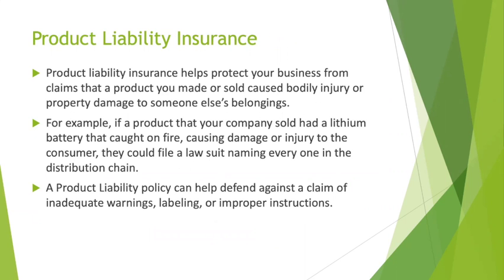If you are involved in manufacture, or if you're a wholesaler, or if you're a designer or a retailer of products, then it's very possible that you might consider product liability insurance to help protect your business if your client has a claim against you because the product either caused bodily injury or there was damage to someone's belongings. Then this can be covered under a product liability.